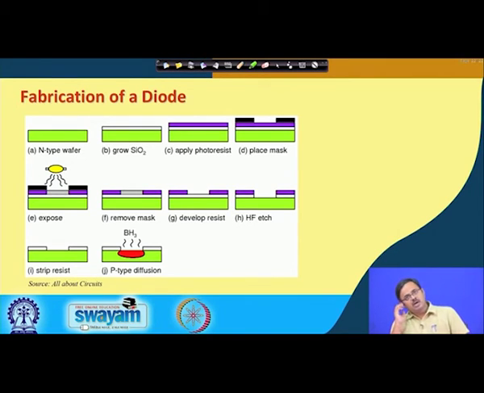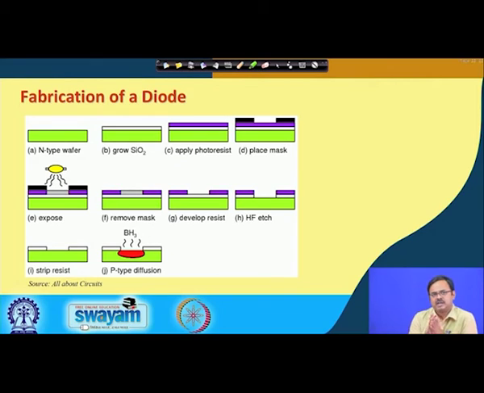Thereafter, we diffuse a p-type dopant, boron, into this. So, we diffuse boron into the N-type semiconductor.